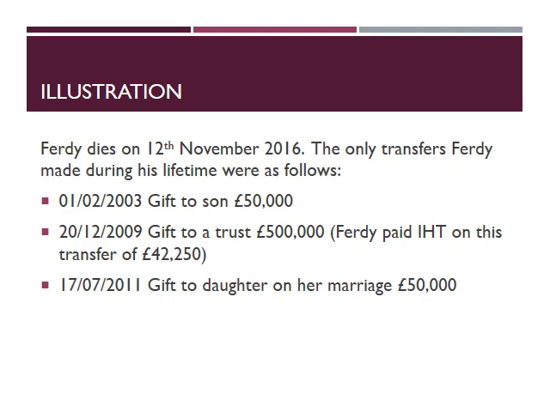Then on the 20th of December 2009, he made a gift to a trust of 500,000, and at that point Ferdy paid inheritance tax on that transfer of 42,250. And finally, he made a gift on the 17th of July 2011 to his daughter on her marriage of 50,000.